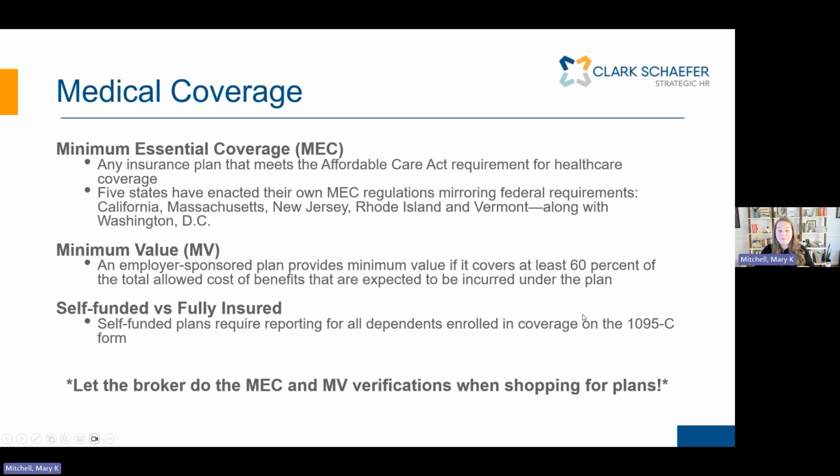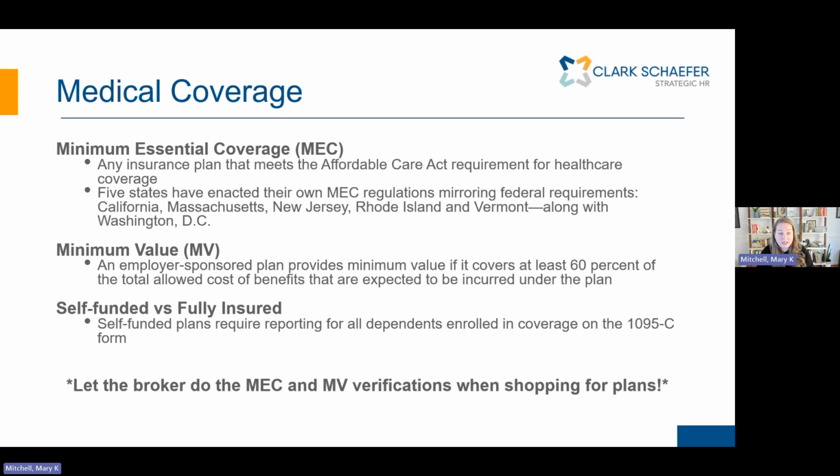Now, when we talk about medical coverage, there are a few things we want to keep in mind. For it to be considered an Affordable Care Act plan, we need to make sure that our plan includes minimum essential coverage, minimum value, and again, we need to make sure whether they are self-insured or fully insured plans. Minimum essential coverage is any insurance plan that meets the ACA requirement for healthcare coverage.